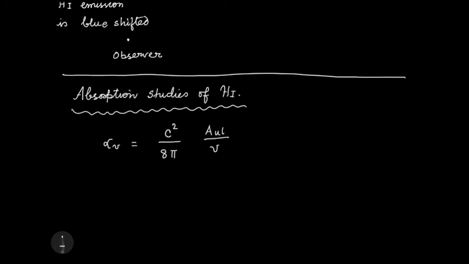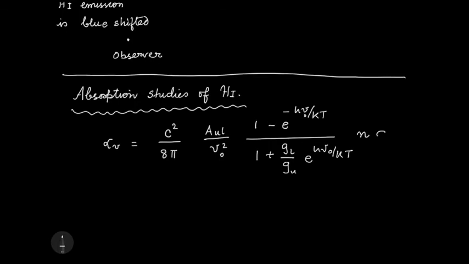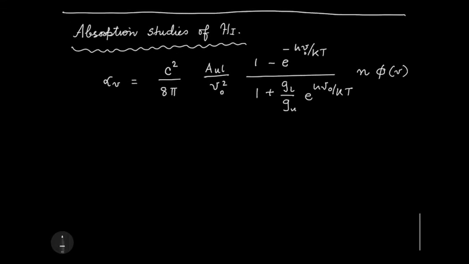So alpha nu, if you remember, was given by c square by 8 pi, A_UL by nu square, 1 minus e to the minus h nu by kT, nu naught, not writing B today at least for Boltzmann, 1 plus g_l by g_u e to the h nu naught by kT, small n number density, and then phi.